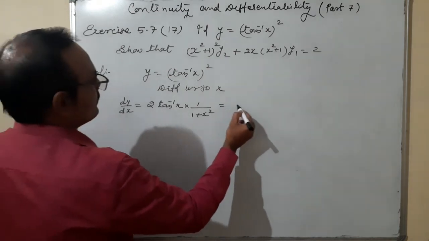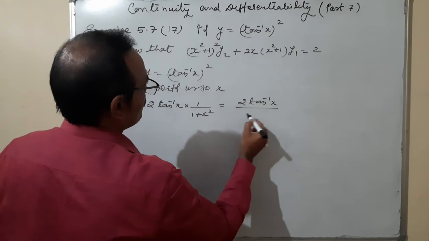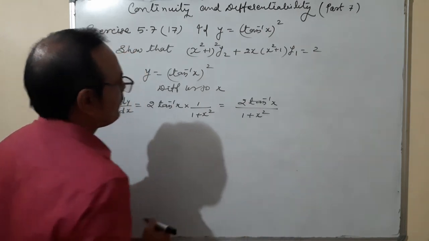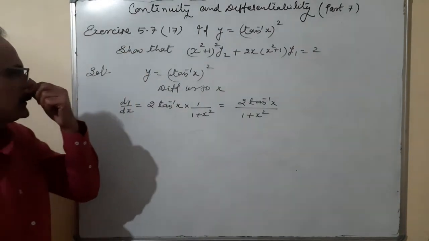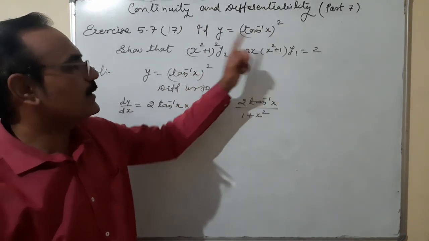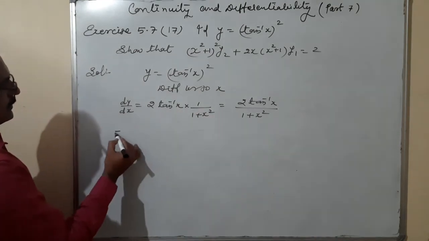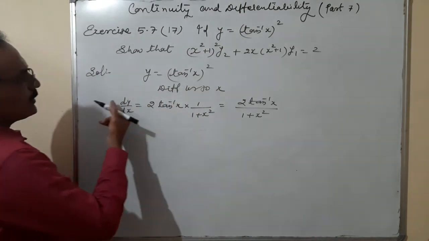So that means it is coming 2 tan inverse x upon 1 plus x square. You will see that x square plus 1 is coming everywhere. So that means now what should be done in the next step? 1 plus x square will be shifted here.